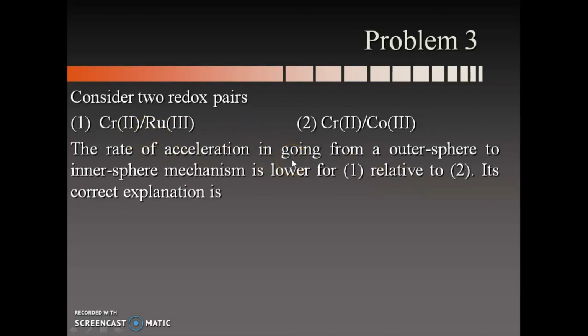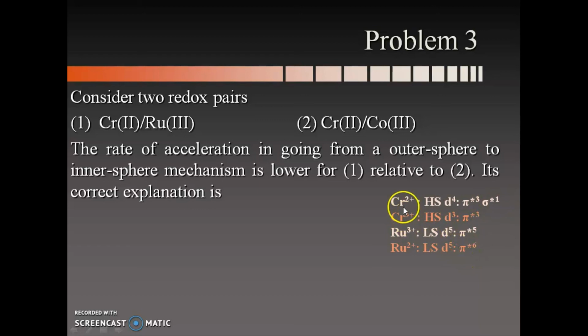The first one is what happens to the reductant. Reductant is d4, high spin d4. It is pi star 3 and sigma star 1, and it loses its electron from the sigma star orbital. Now in the first case, Ru3 plus, which has got pi star 5, is reduced to Ru2 plus. So it gains the lost electron from chromium in the pi star orbital.